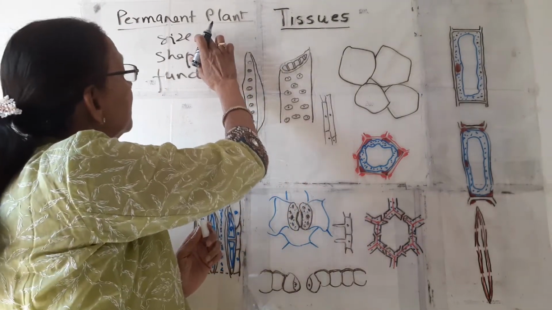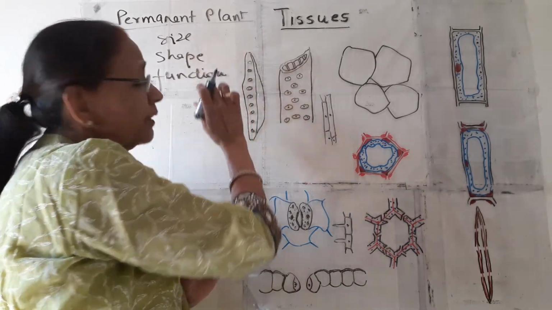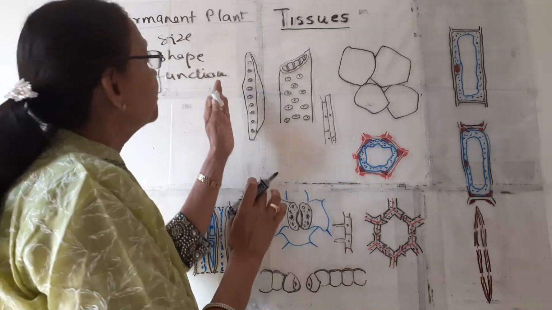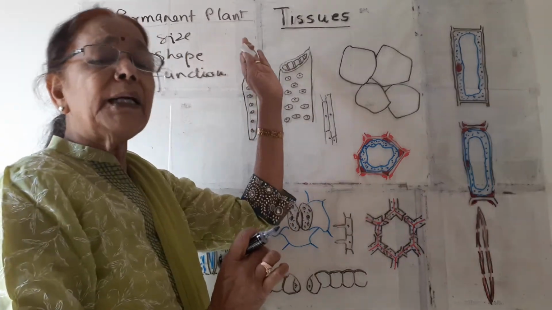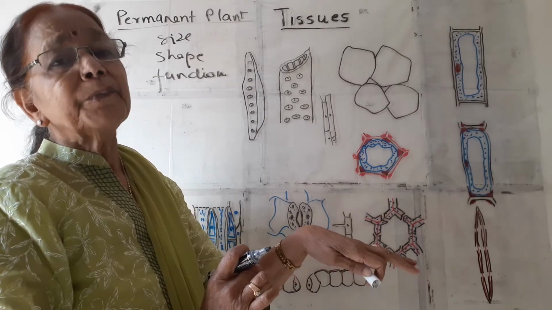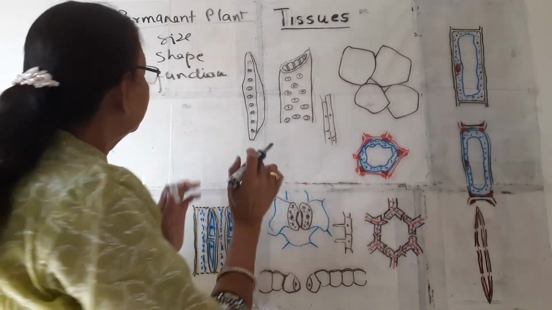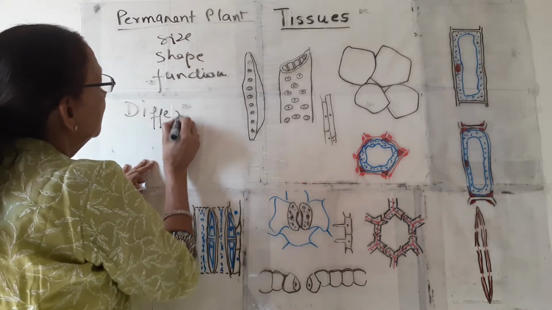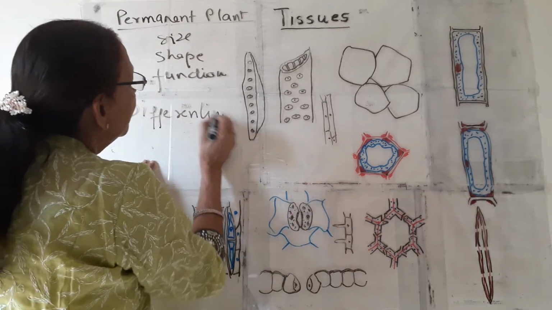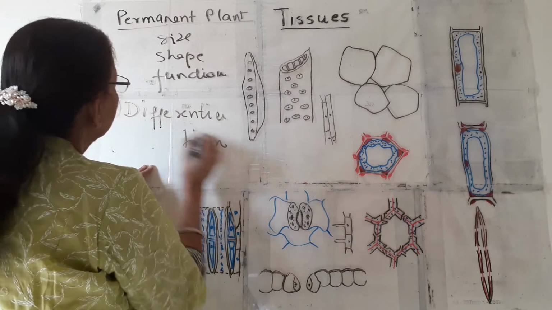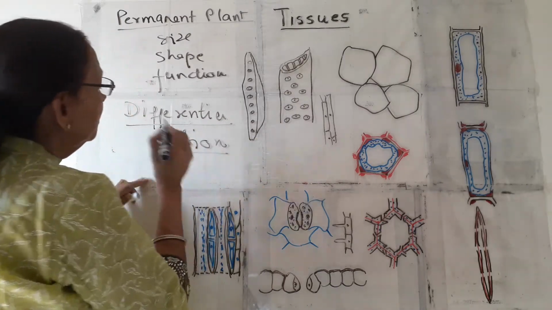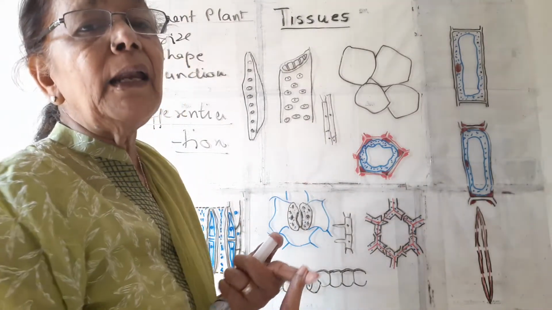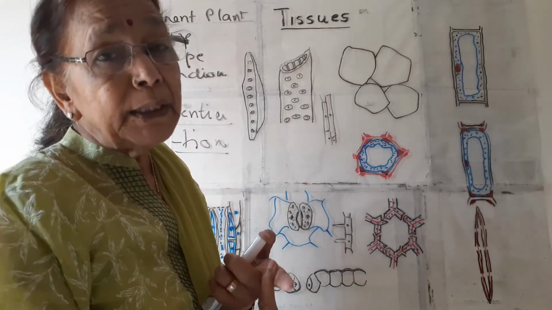So when the size and shape change and the cell is doing a specific function, the meristematic cell forms the permanent cell. And this process is known as differentiation. That is, by the process of differentiation, a meristematic cell forms a permanent cell.